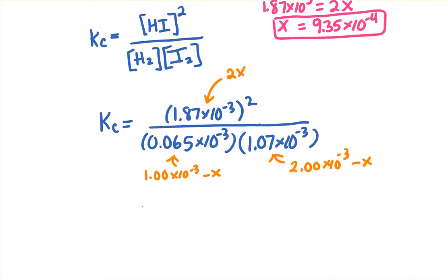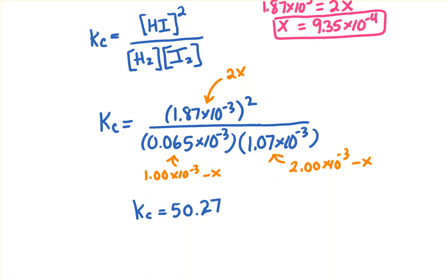And if I plug in all of those numbers, and then as far as units go, we know that all of these had units of molarity, but remember, we just ignore that because someday we'll be using activity coefficients that don't have a unit.